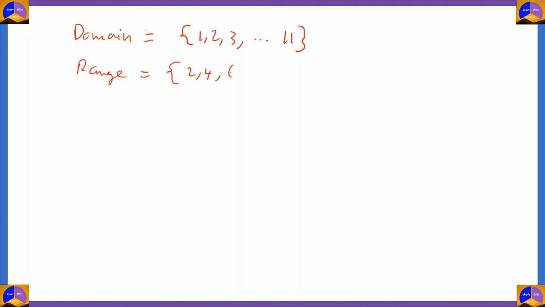According to our table, the domain of the function will be the set of numbers from 1 to 11, and the range will be the set 2, 4, 6, 8, 10, 12, 14, 16, 18, 20, and 22. This is the set of numbers that form the range of the function.